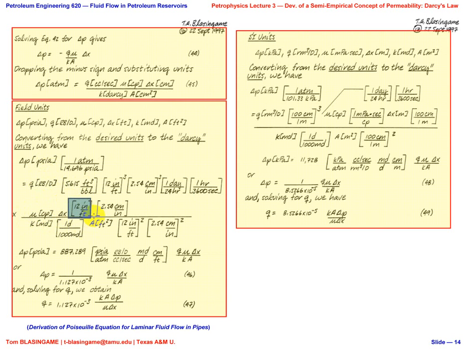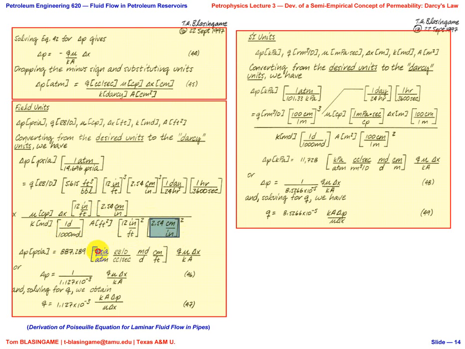We have 12 inches per foot multiplied by 2.54 centimeters per inch. Then we look at permeability. We have 1 Darcy, and we're actually looking at 1,000 millidarcys. That's the same units. So 1,000 millidarcys is equal to 1 Darcy. Pardon me. Area in feet squared, 12 inches per foot squared, 2.54 centimeters per inch squared.